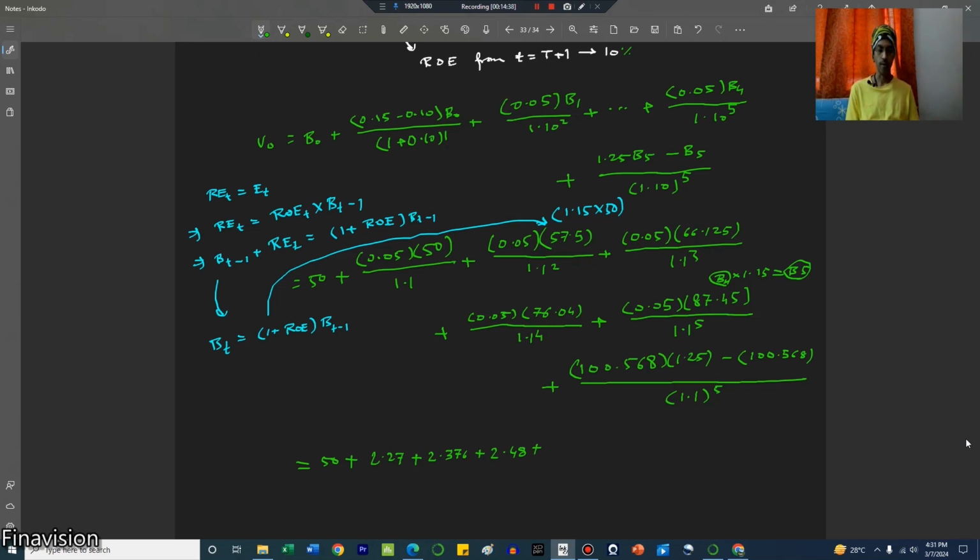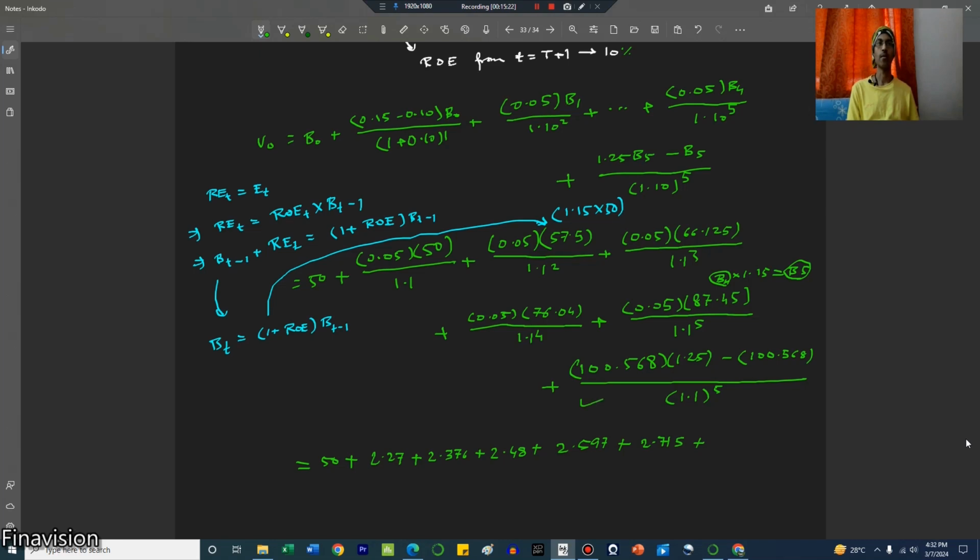Then B3 into 0.05 divided by 1.1 to the power 4 is 2.597. Then 87.45 into 0.05 divided by 1.1 to the power 5 is 2.715.